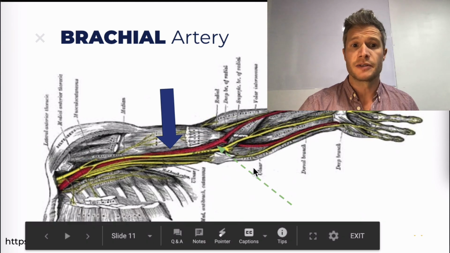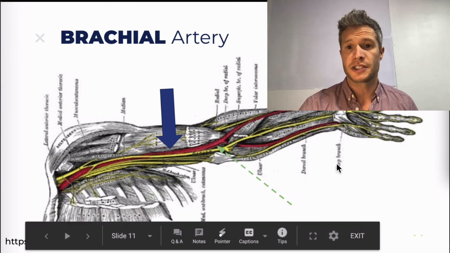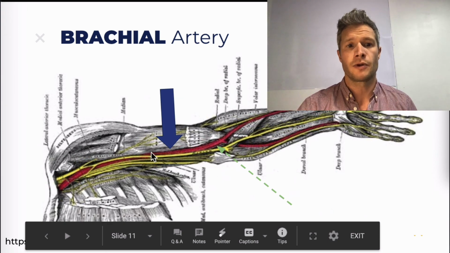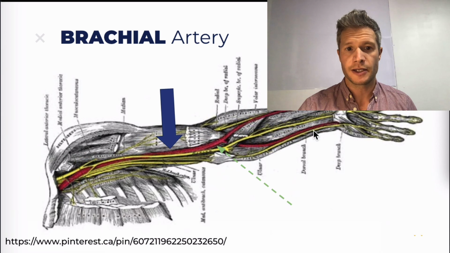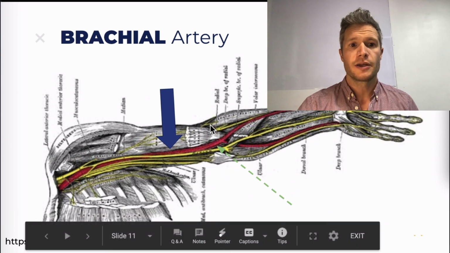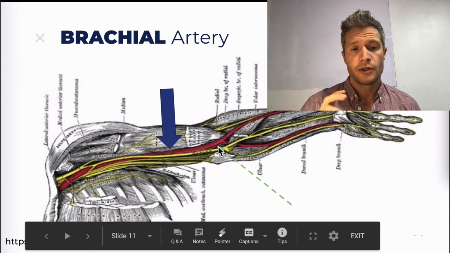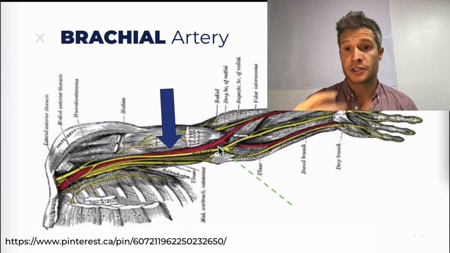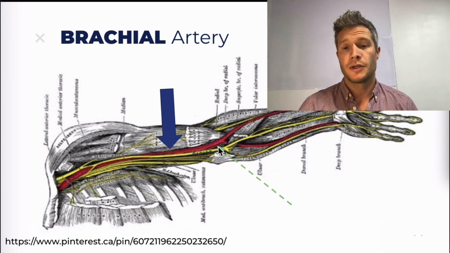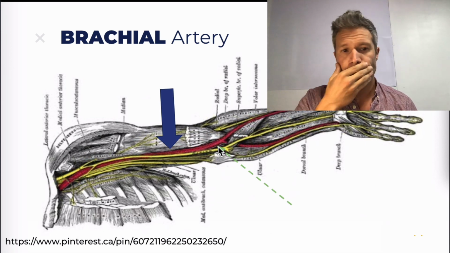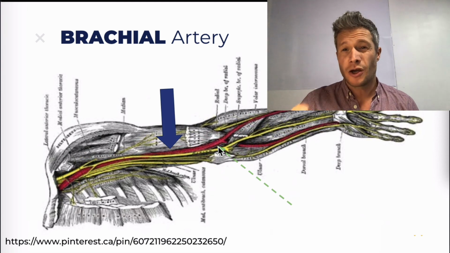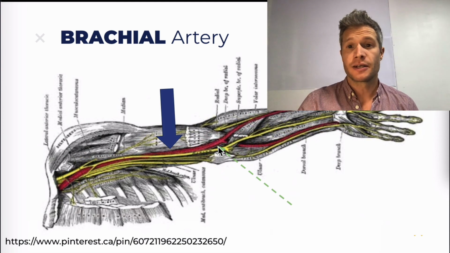This green arrow is actually roughly where you're going to put the stethoscope, and I find this really helps. Being able to see roughly where the artery here in red is going, how it relates to the landmarks, and where roughly you should be trying to hear the blood when it starts to flow through again when you take someone's blood pressure. Now, it's not always going to be exactly there.